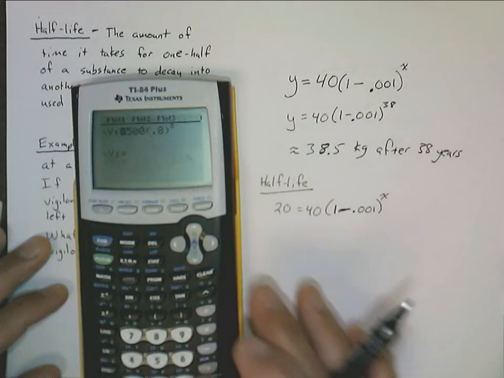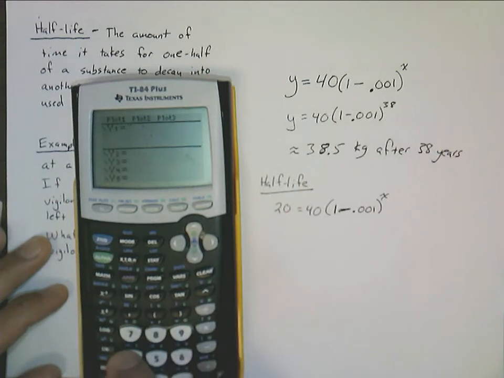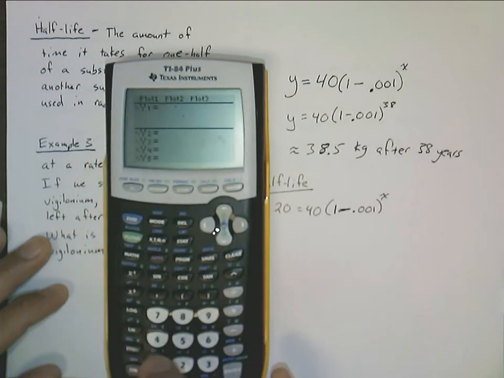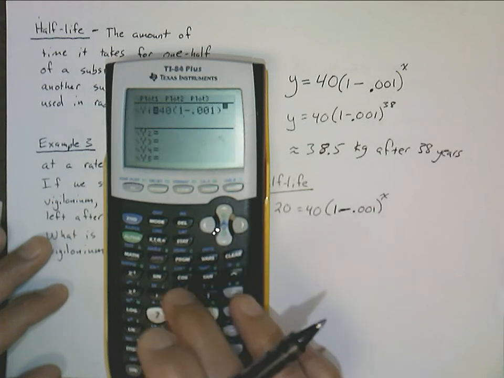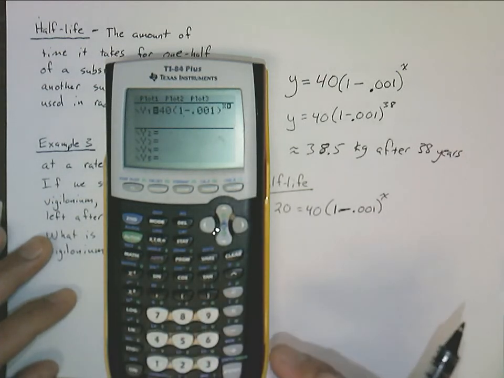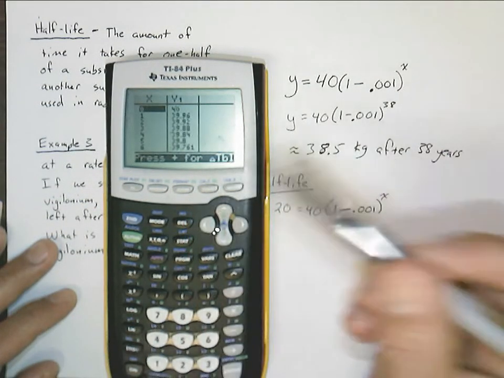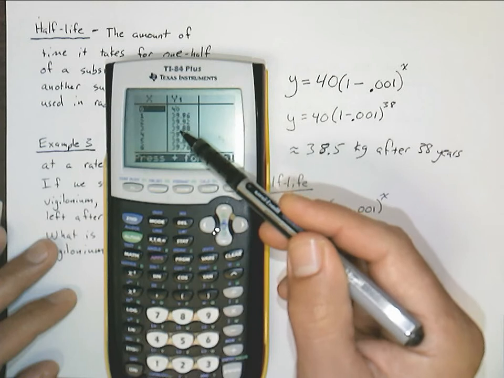So if we go back to our y equals, clear that out. We'll put in our exponential decay model here: 40 times (1 minus 0.001) to the power of x. Now if we look at a table of values, we start off with 40, and then we're decreasing down, down, down.